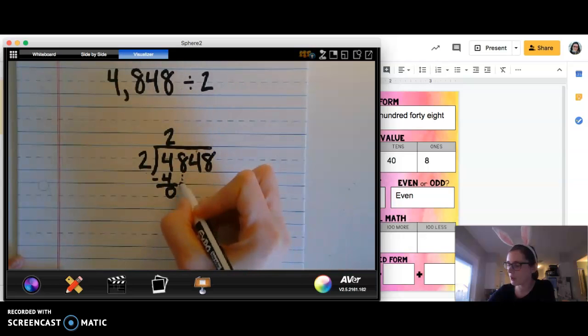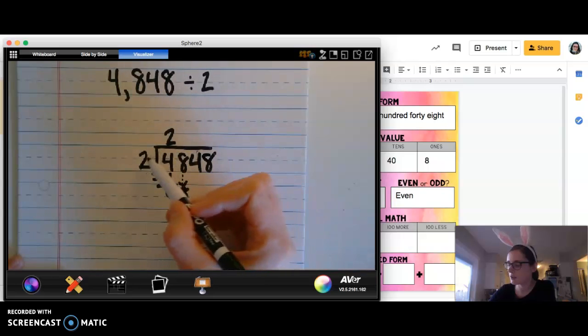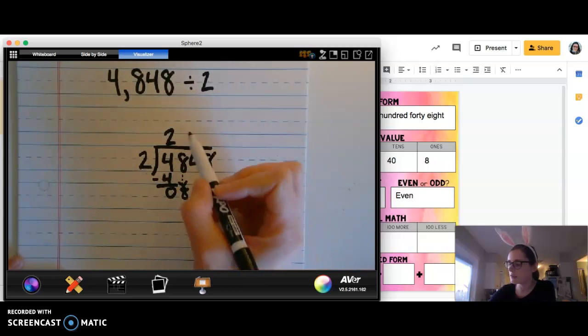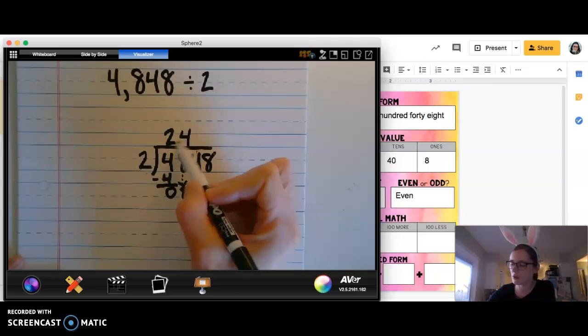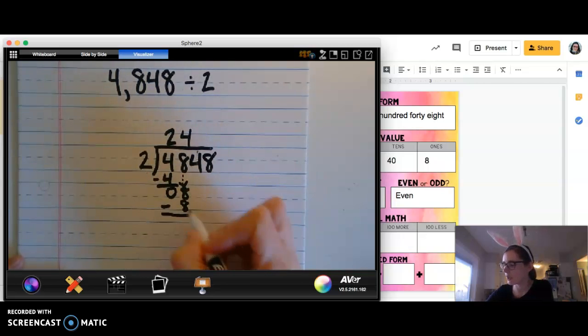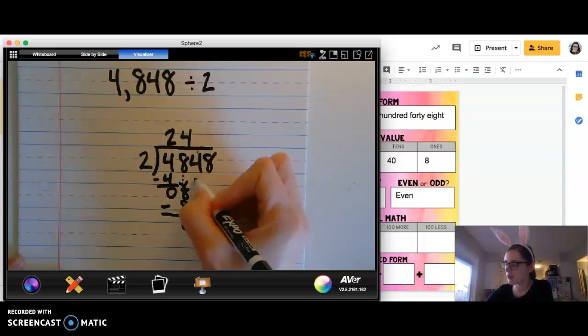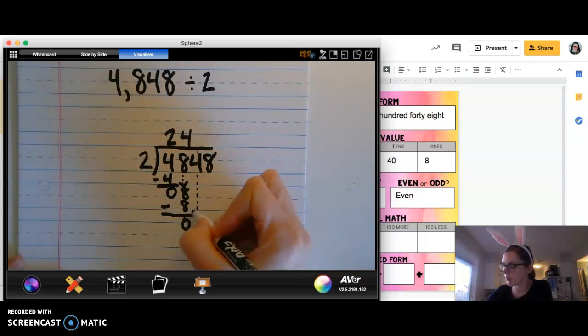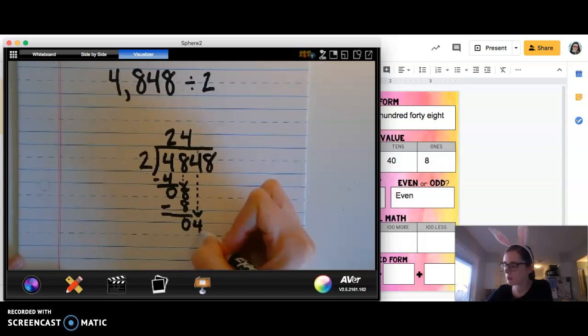I bring this down, and now I have 8. 2 goes into 8 4 times. 4 times 2 is 8. And again, I'm subtracting. Well, that's easy. Now I'm going to bring that one down. So now I end up with 4.